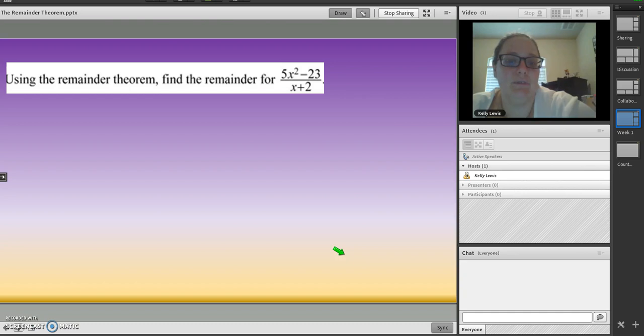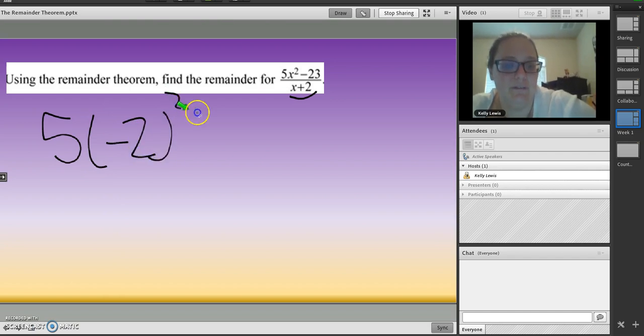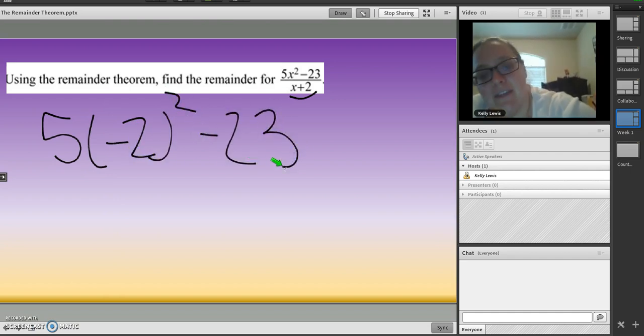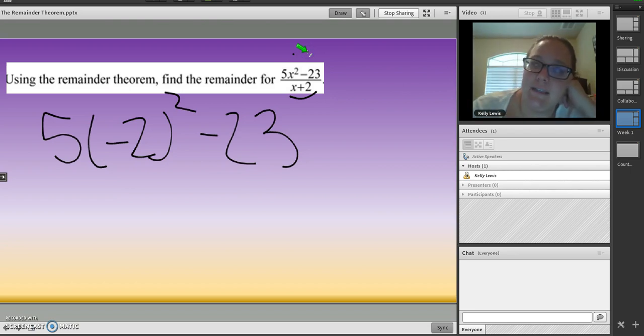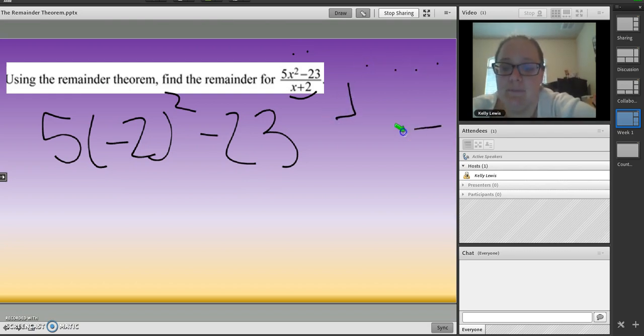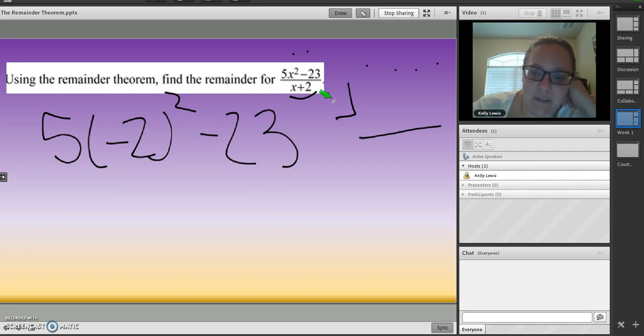All right, so we're going to do this problem. And so we have x plus 2, so we're going to do negative 2. When we use the remainder theorem, anything except synthetic division. Synthetic division was this guy where we put this stuff up here, and we put a number here, we did some things. It's okay that we skip stuff.